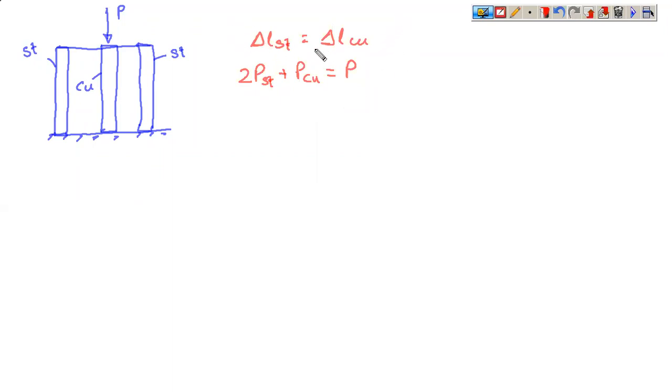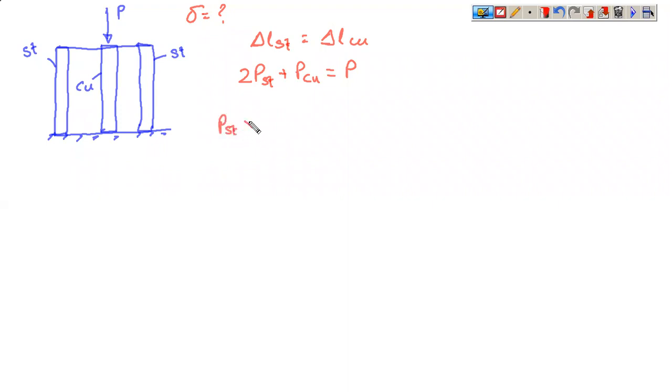So if these are your two equations, हम अमूमन इसमें स्ट्रेस निकालते हैं. The job is to find out the stresses in all the three members or any two members. So इसमें जब stresses कैलकुलेट करोगे तो डेल्टा एल ऑफ स्टील क्या हो गया?